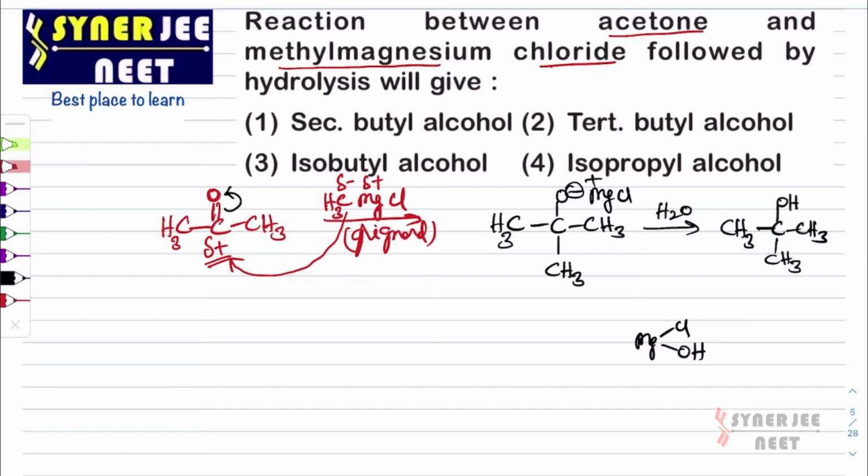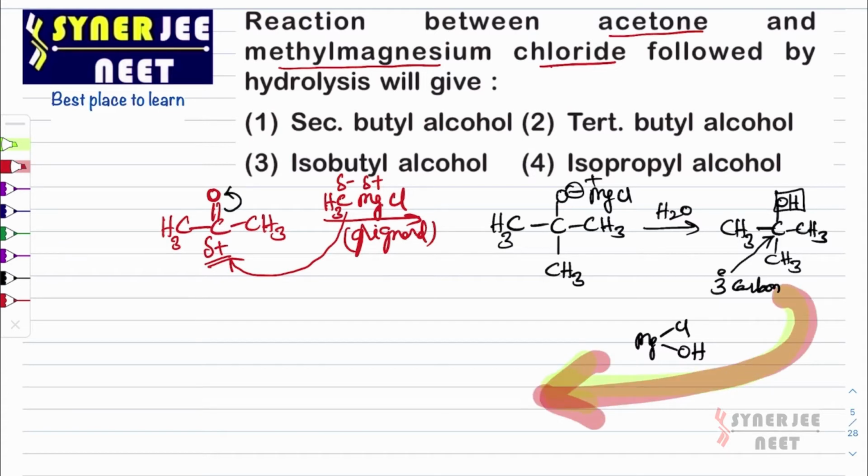Now, if you look at this one, this carbon is attached to 3 carbons: left side, right side, bottom side. So therefore it is a tertiary carbon. And to this tertiary carbon, an OH group is attached. Therefore it is a tertiary alcohol, because the alcoholic group is attached to the tertiary carbon.